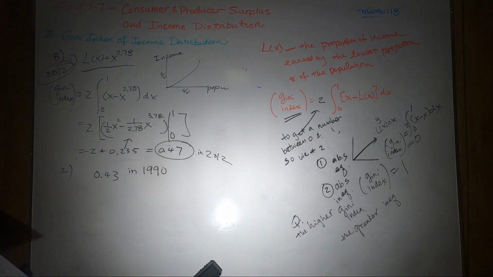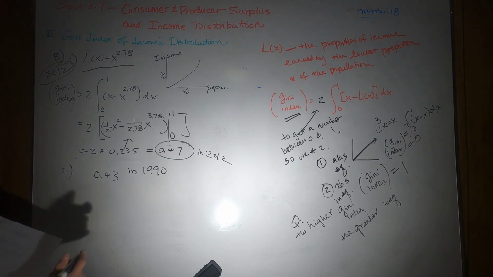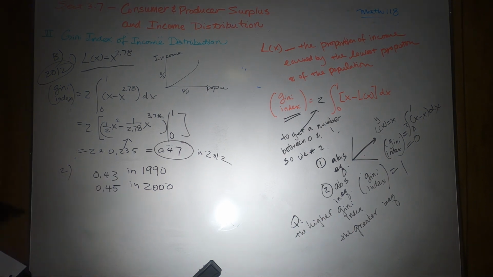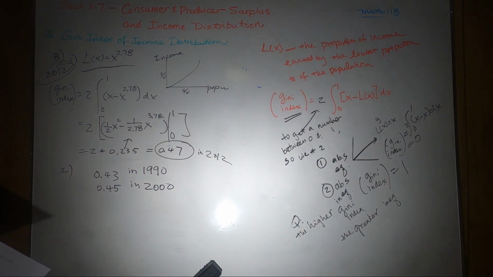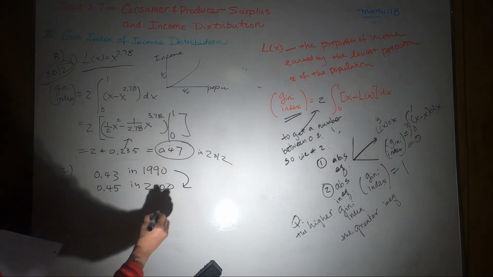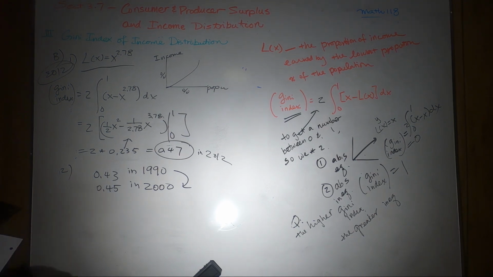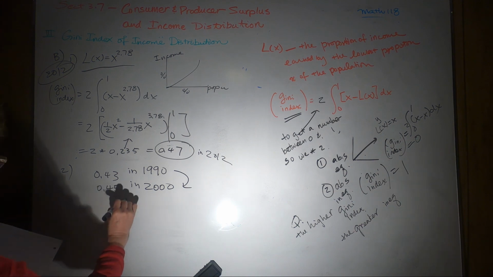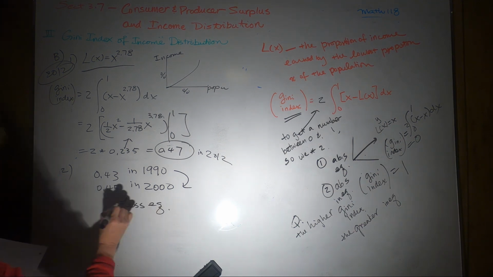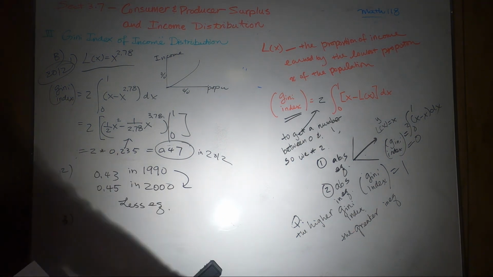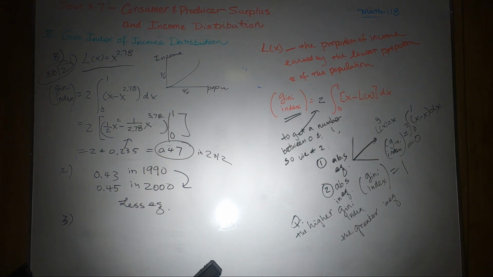In year 2000, it was 0.45. So since 1990, has income distribution become more equal or less equal from 1990 to year 2000? The Gini index is bigger, so it means less equal, because as the number gets closer to 1, it's totally unequal. Next one.